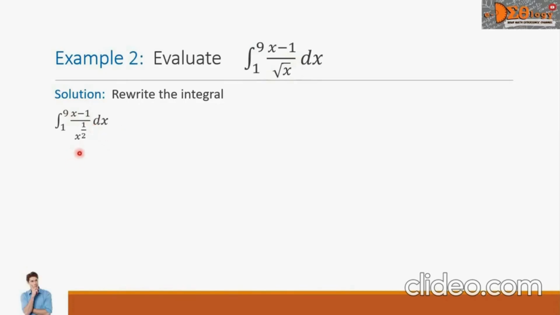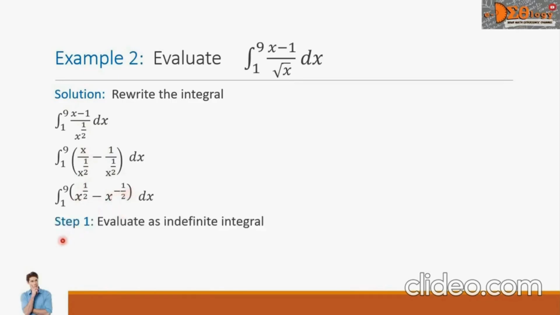And from here, let us distribute the denominator to each of the terms of the numerator. So we have this x over x raised to 1/2 minus 1 over x raised to 1/2. And let us simplify each of the fractions. So we have this x raised to 1/2 minus x raised to negative 1/2.